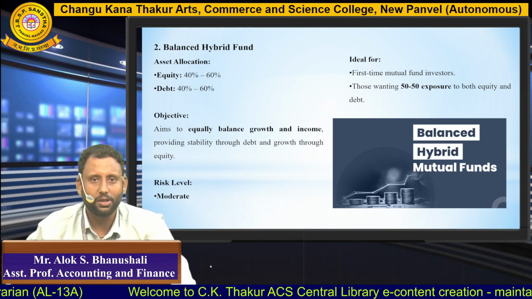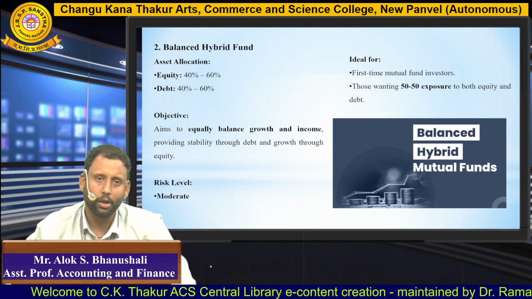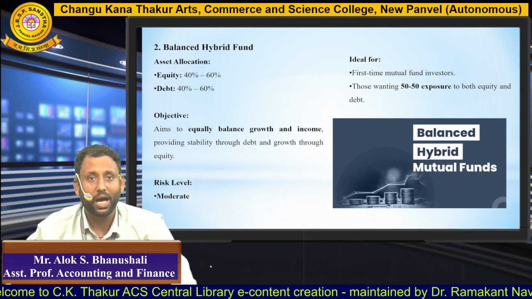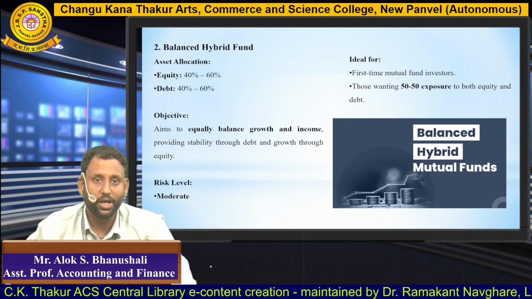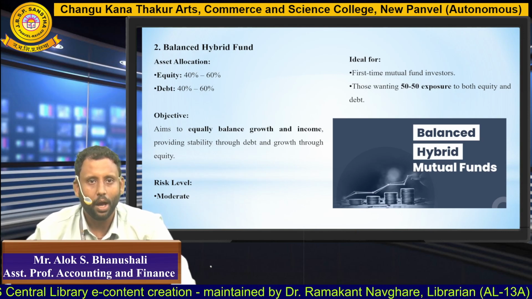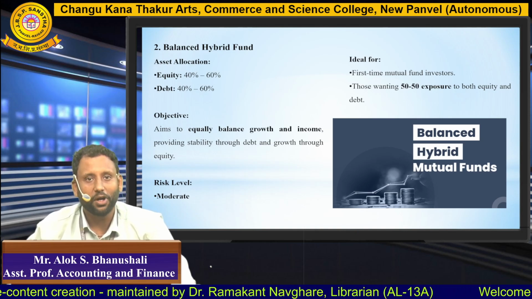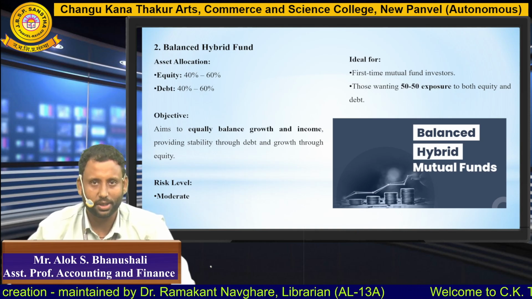Any investor who wants growth and income in a balanced, equal manner can invest in a balanced hybrid fund. It provides stability through the debt market and growth through the equity market. The risk level is moderate because the equity percentage is 40 to 60.